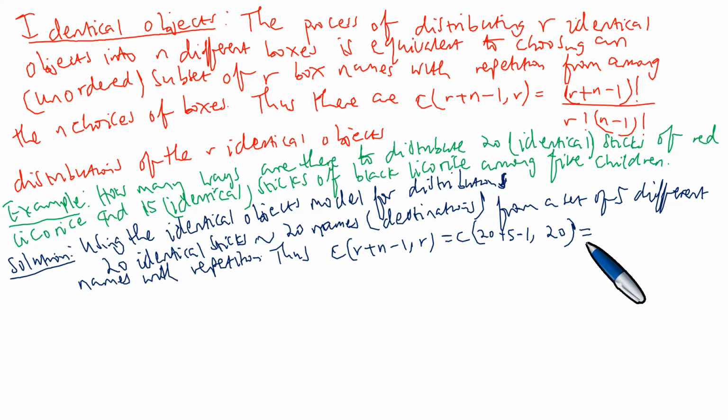But we are really saying we want to distribute this 20 red and 15 black licorice among the 5 children. So we actually are seeing that the identical objects are 20, and then the children themselves are 5 because we have 5 different names.